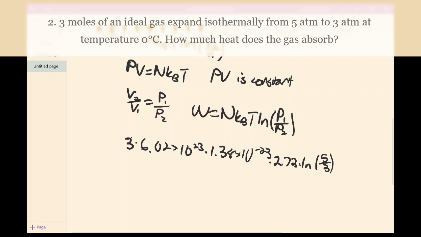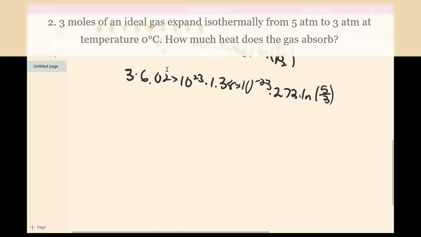This is only for those who are interested. The above expression for the work is probably more useful. Plugging in the numbers is only for finding the actual answer to the problem, which isn't all that necessary. If you plug this into a calculator, it should turn out to be about 3.48 kilojoules, I believe. So that is the answer to the second problem.